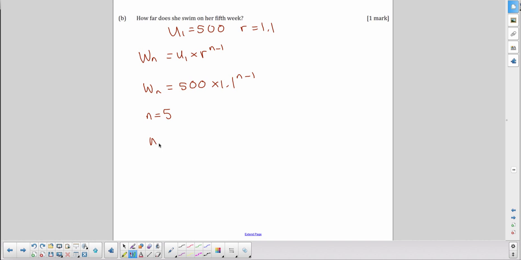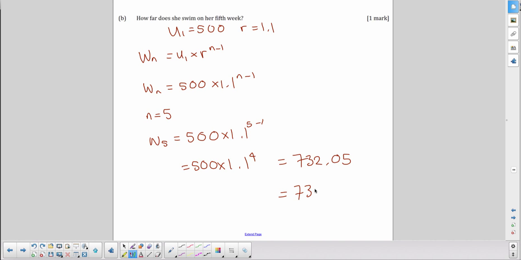So W5 is 500 times 1.1 to the power of 4, and we go ahead and type into the calculator and we get 732.05. Now of course for the IB we need to write our values either exact or correct to 3 significant figures, so let's finish that up by saying 732 meters correct to 3 significant figures.